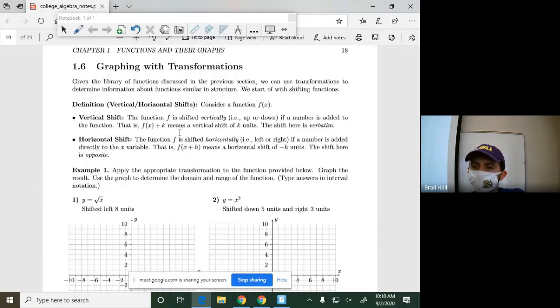What transformations do is a natural extension of the library of functions, because the library of functions gives us the basic shape of some function. And then the transformations say, well, what if I want to take that cup shape and move it to the left or to the right, or up and down, or maybe stretch it out or compress it or reflect it in some manner?